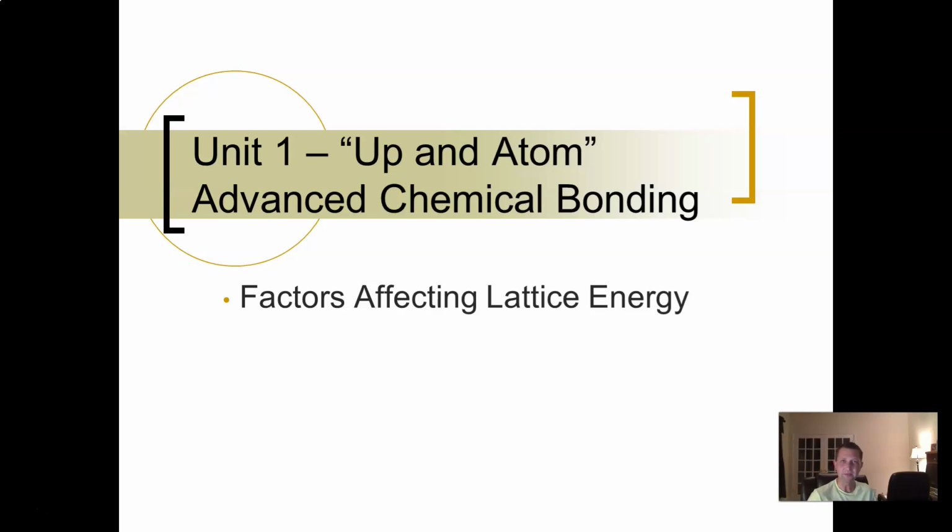It's pretty simple, but it could be a little confusing because students get it mixed up with Coulomb's law and some other things we've learned about. So it's really important that you make sure you know what you're focusing on. If you're focusing on lattice energy, really know what that means. Lattice energy is the amount of energy when two ions come together or you're breaking them apart.